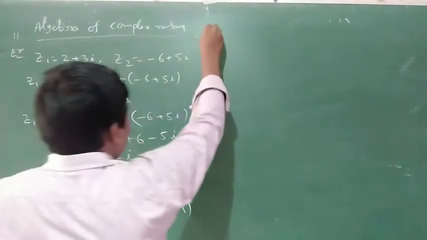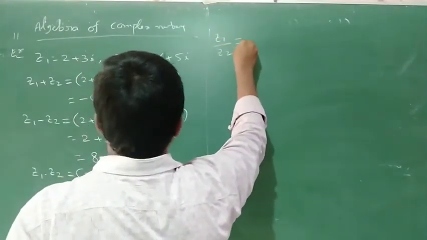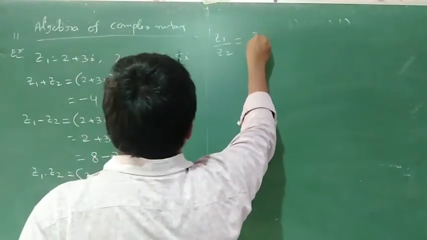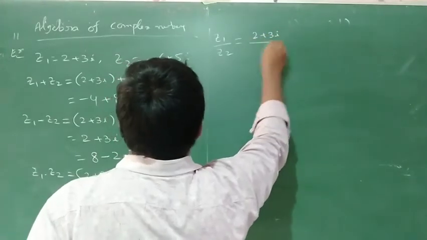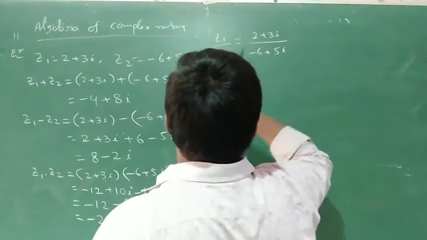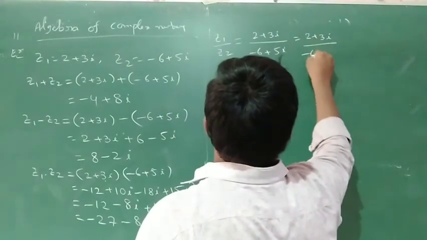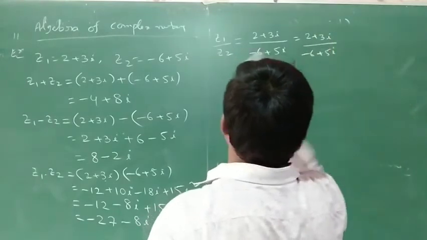Next, Z1 by Z2 is equal to 2 plus 3i by minus 6 plus 5i. This one. So that is equal to 2 plus 3i by minus 6 plus 5i.